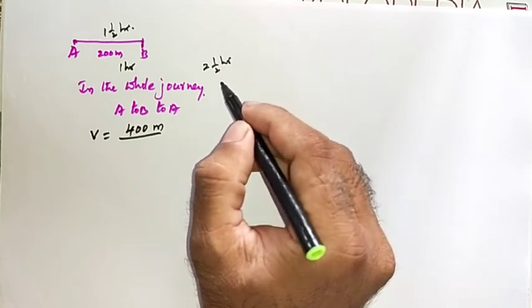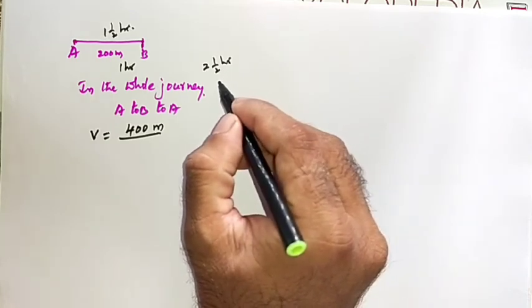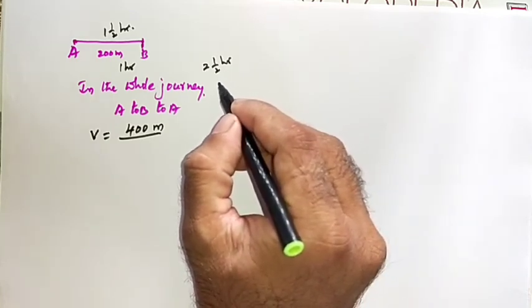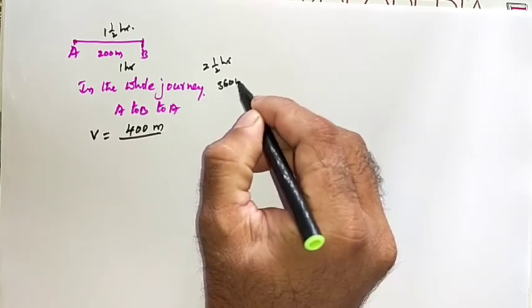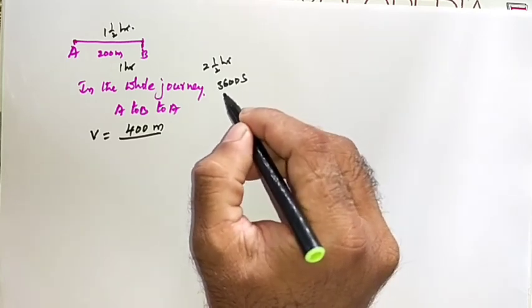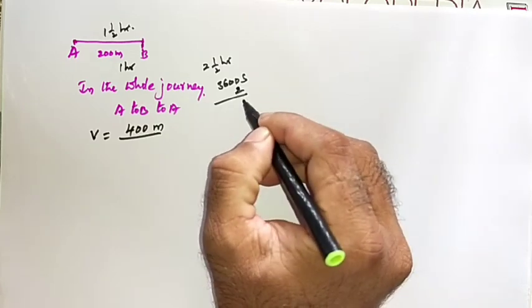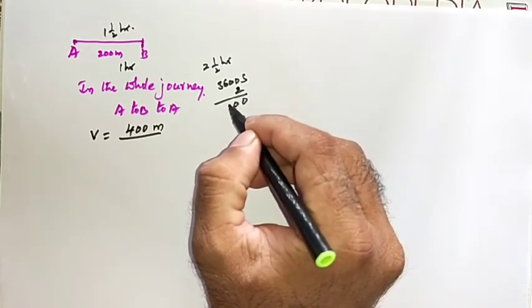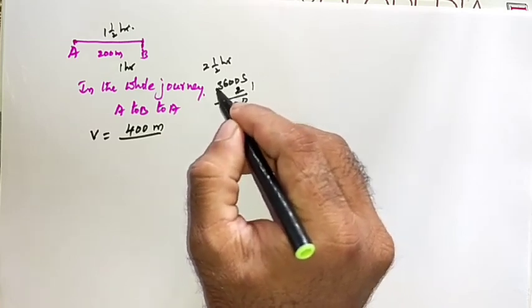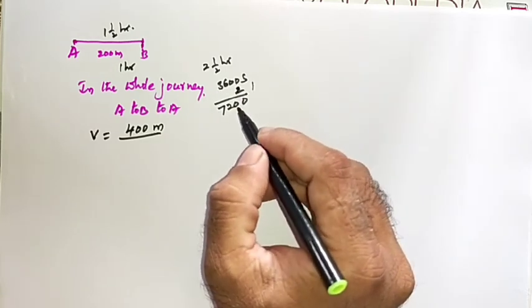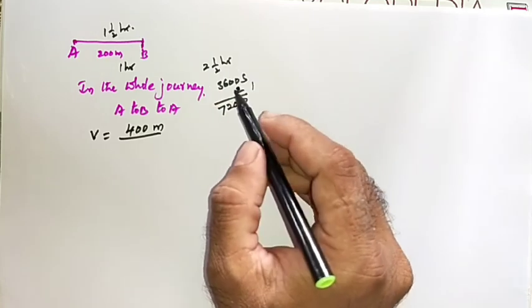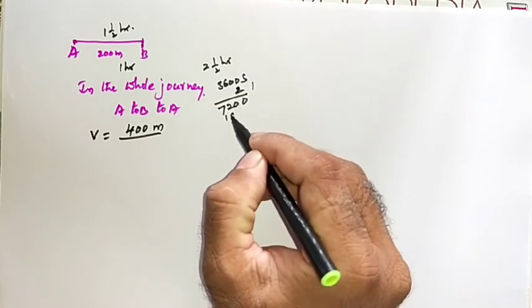We need to convert this into seconds. We know that 1 hour is 3600 seconds. So 2 hours is 7,200 seconds, and half an hour is 1800.